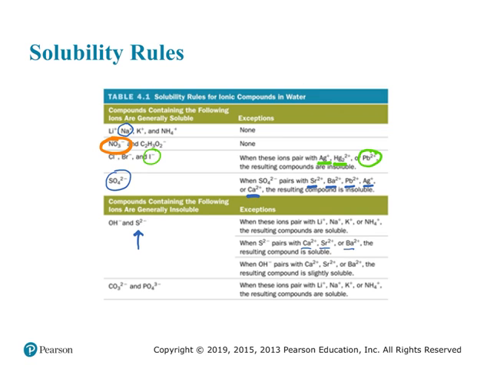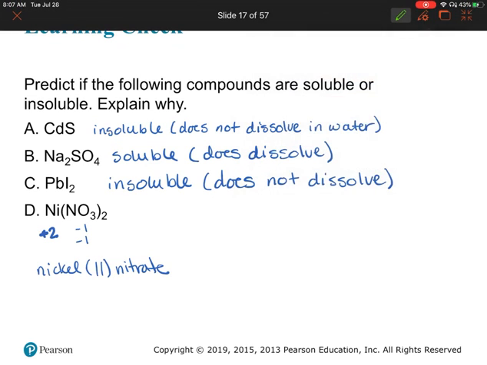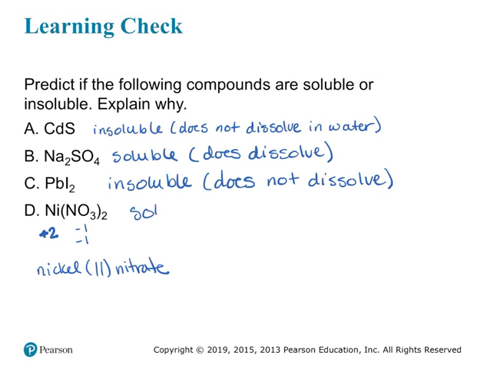There are no exceptions there. So that must mean that our compound, nickel 2 nitrate, is soluble. And that's because nitrate is always soluble no matter what it's bonded to.